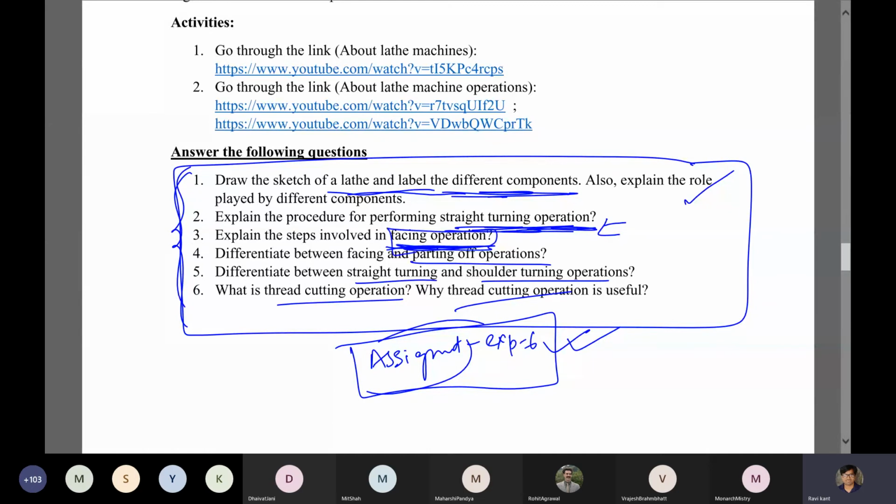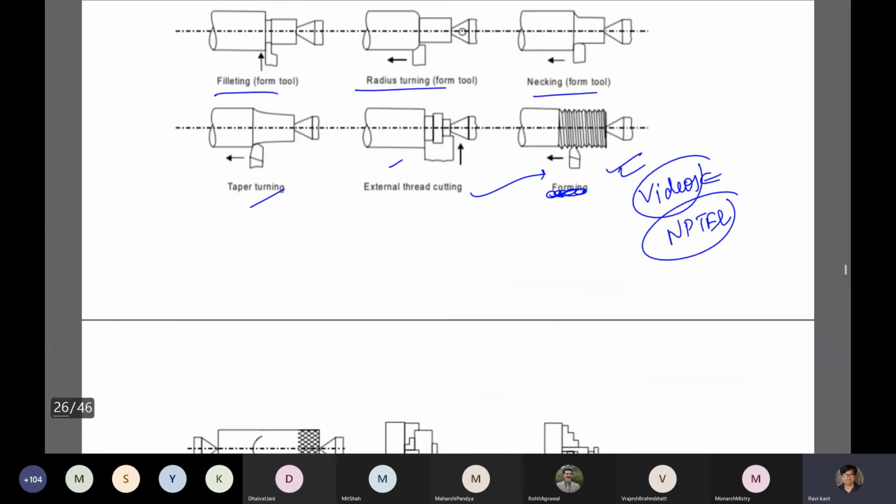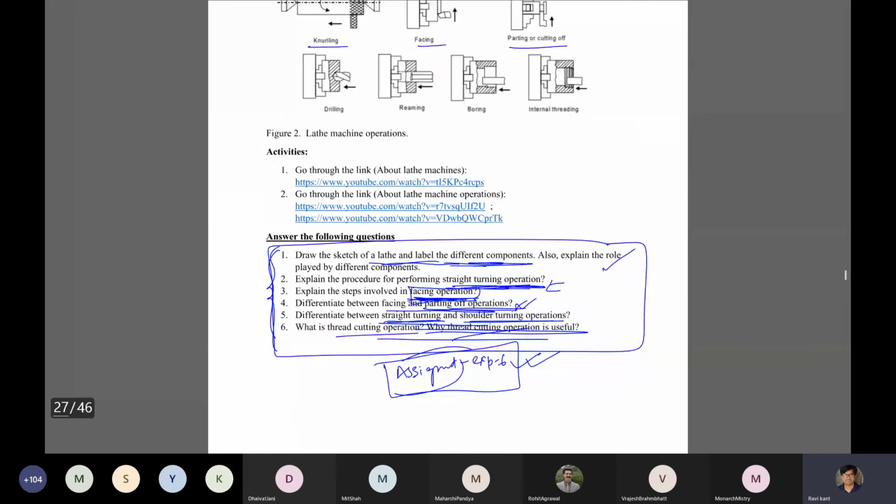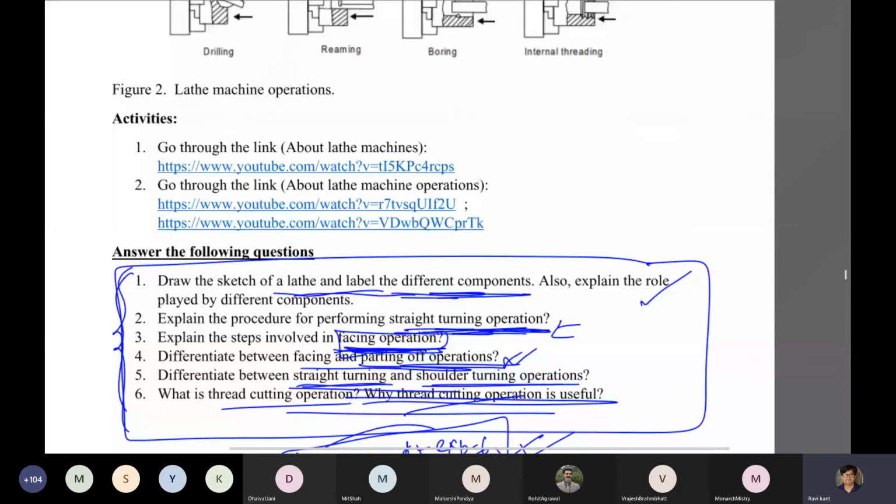Differentiate between facing and parting off. We talked about parting off at the end, cutting off totally from the job. Straight turning, shoulder turning, all these things you can do some book or internet search, understand it, and write it in your own words.